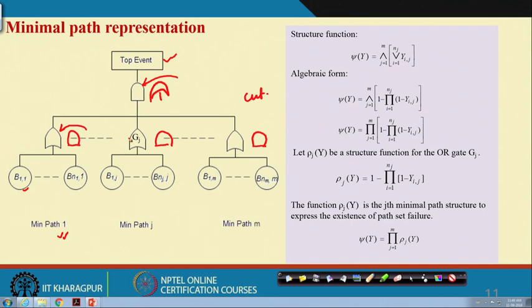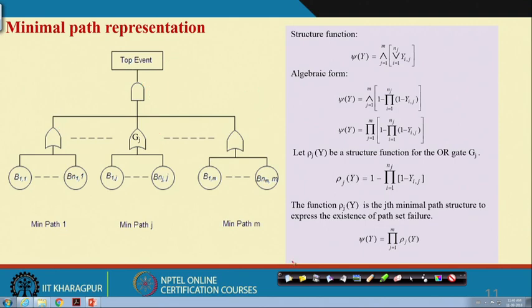So, in the path representation, we are saying that at least one basic event in each path set leads to the top event occurring, for the path sets you found earlier.